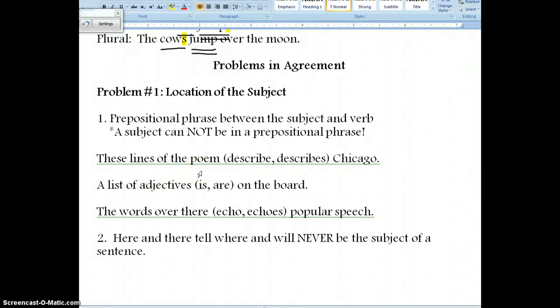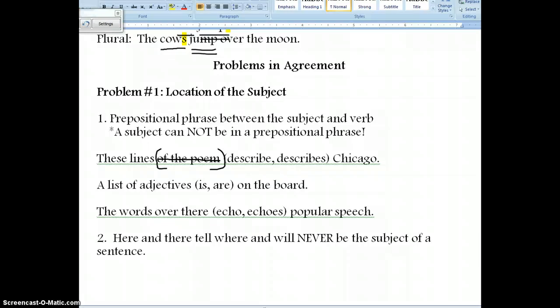So let's look at our first example sentence. You've got these lines of the poem either describe or describes Chicago. Find the prepositional phrase. You should see that "of the poem" is a prepositional phrase. I want you to visually mark that out of your sentence.